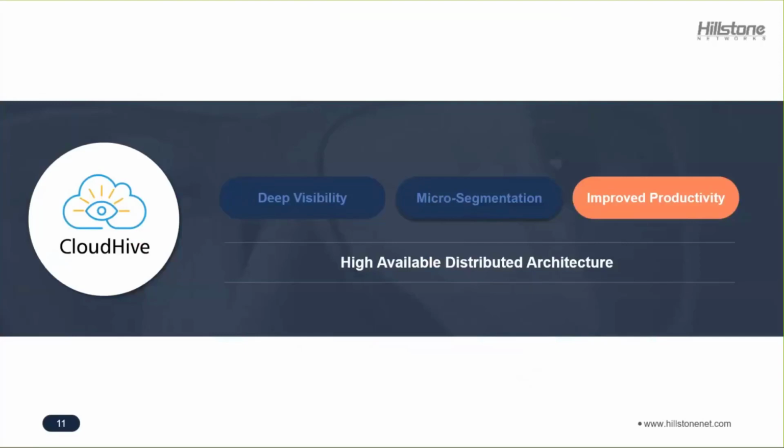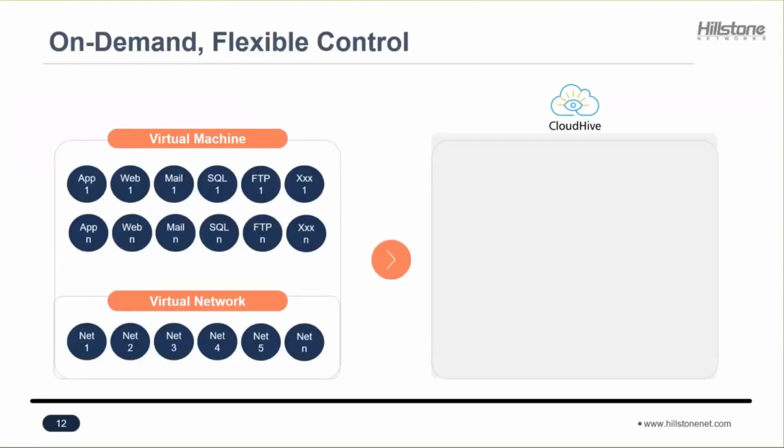So I want to talk about improved productivity. It's very easy to deploy. If you have an existing deployment of VMs, a virtualization environment, you can deploy CloudHive alongside your virtual machines and virtual networks.